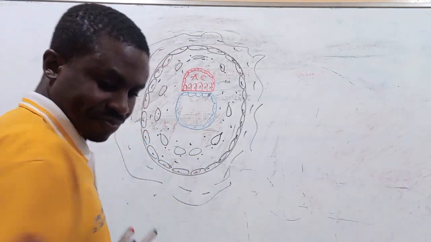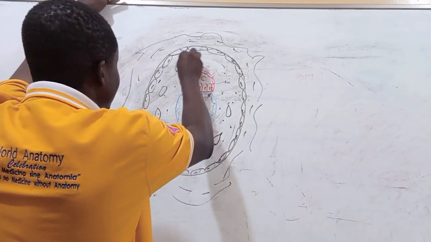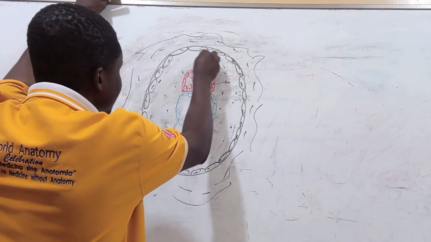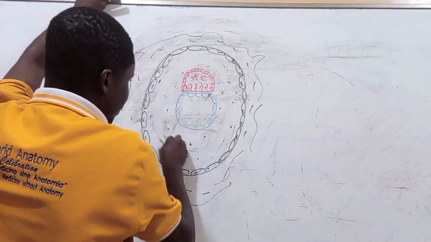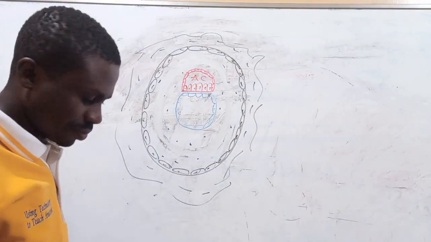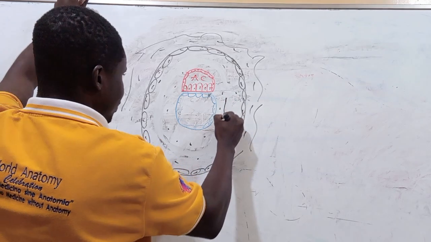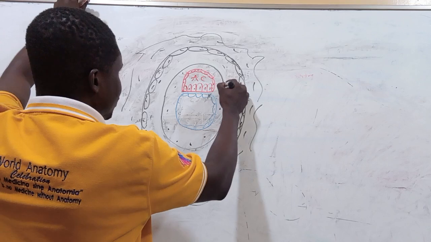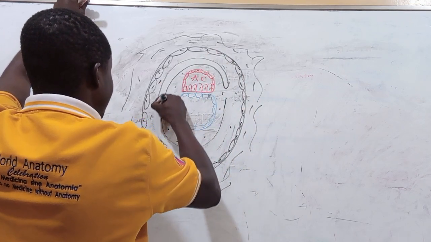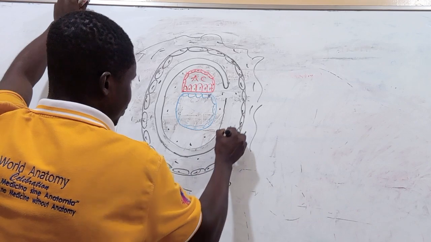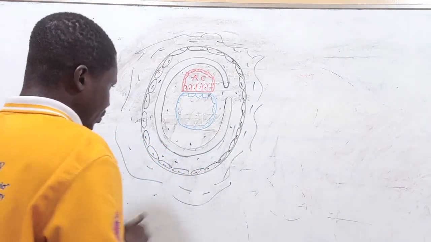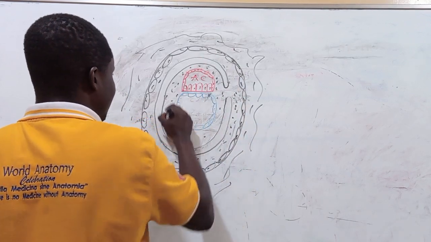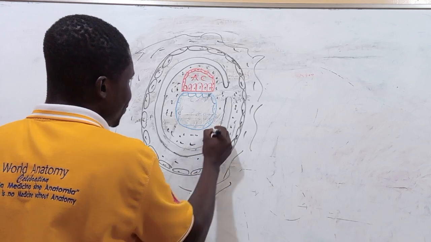So that's what we are going to see. All these areas, what you see in black, is the extra embryonic coelom.